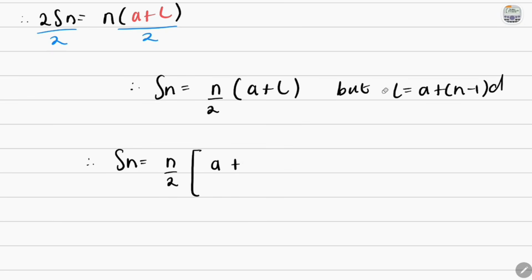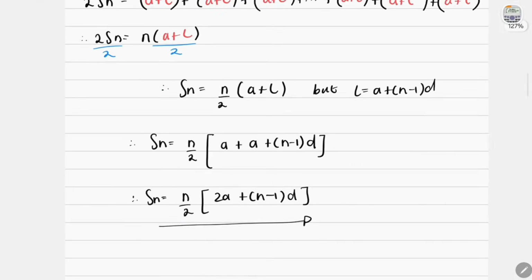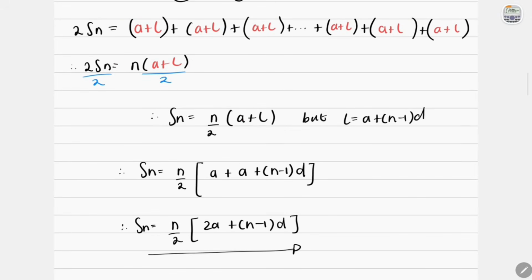Plus, and now in place of L, we substitute A plus n minus 1 times D. And finally, this means that the sum of n terms equals n over 2, and this is 2a plus n minus 1 times d. And that is how we find the Sn formula, the sum of terms formula for an arithmetic series.